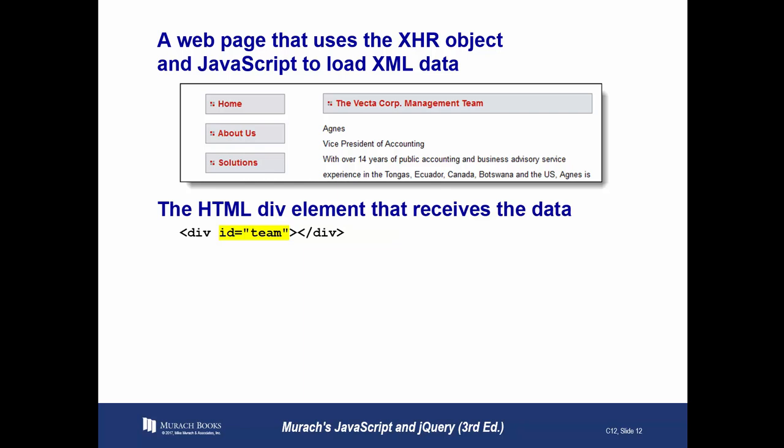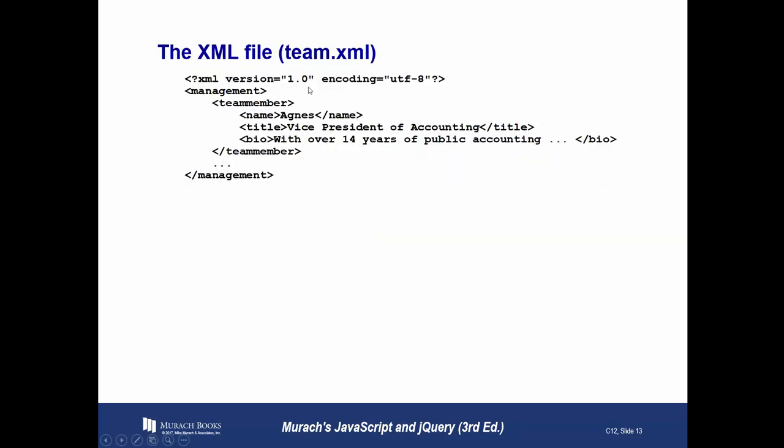You can use the XML HTTP request object to get XML data from the web server without refreshing the web page. This example shows a portion of the XML file. However, you can assume that this file includes a lot more information than what's shown there. Now, there are code examples that are shown here.